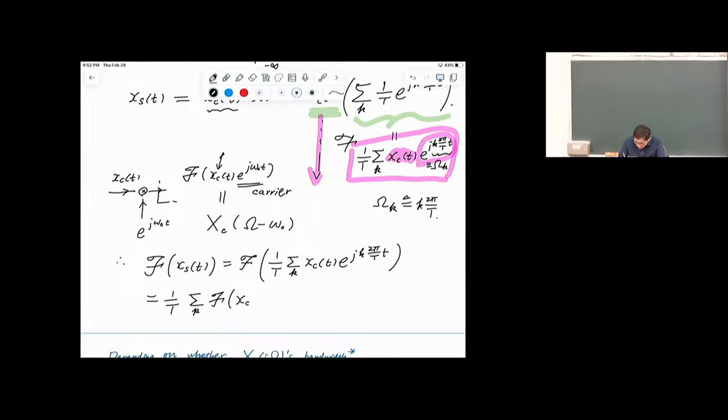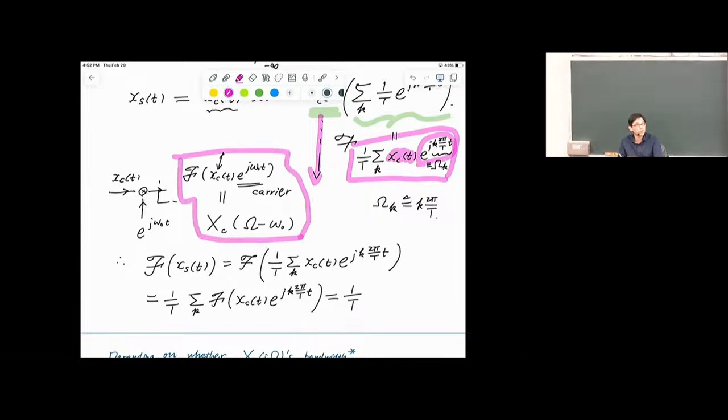F of x of t times e to the j big omega k t. Then we know that the result is 1 over t times what? Now we apply this relation. Now we're ready to apply this property.